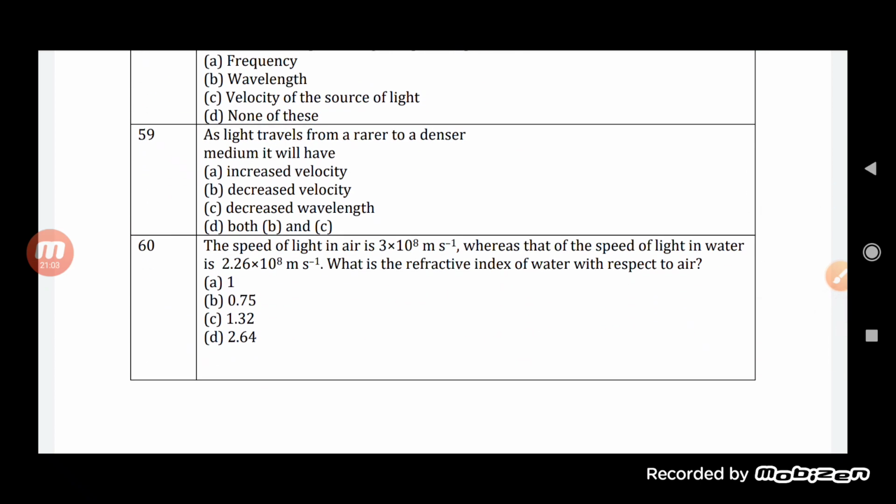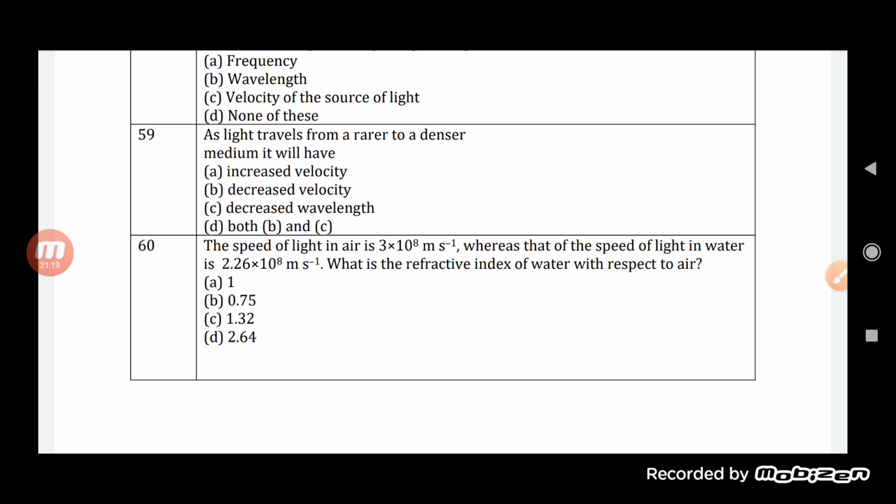Now the speed of light in air is 3 into 10 to the power 8 meter per second, whereas the speed of light in water is 2.26 into 10 to the power 8 meter per second. What is the refractive index of water with respect to air?